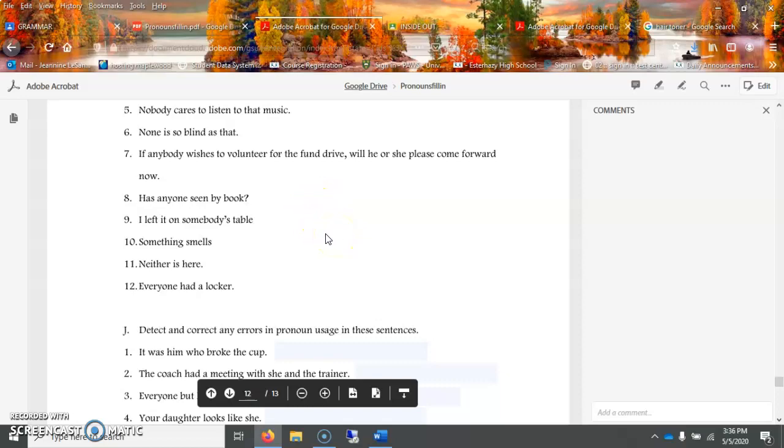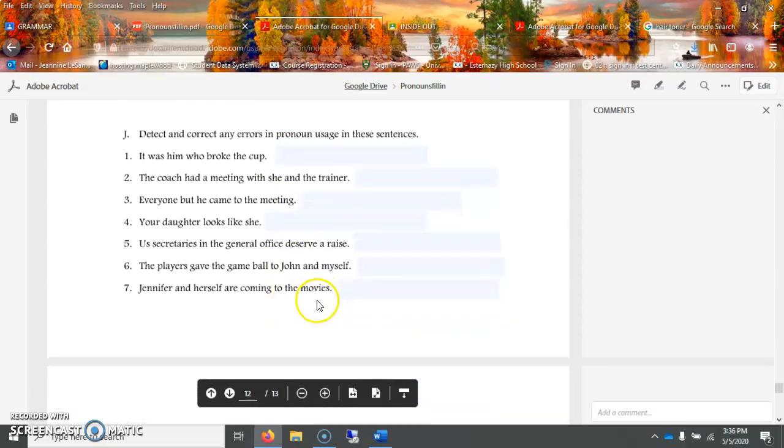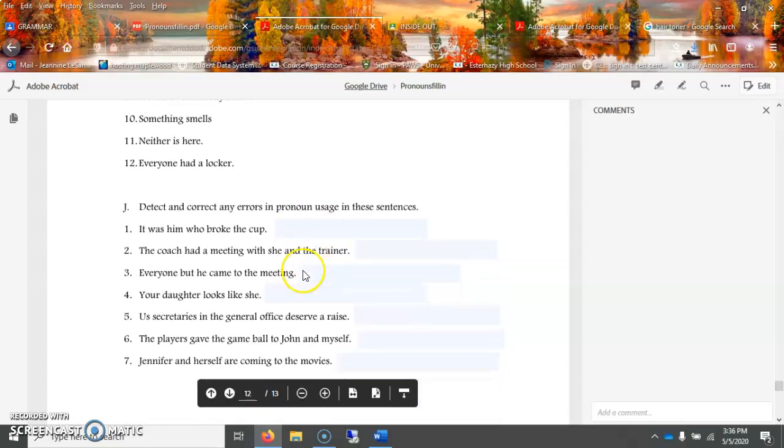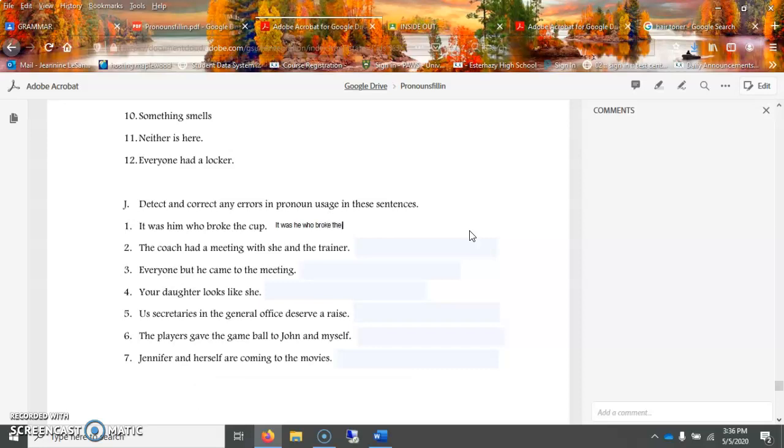And last but not least, let's go to correct the errors in pronoun usage in these sentences. It was him who broke the cup. This is not correct, believe it or not. I know a lot of you are going to be confused by this. It actually should be, it was he who broke the cup.